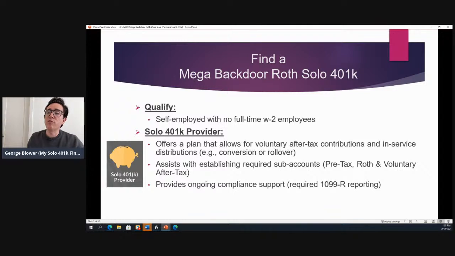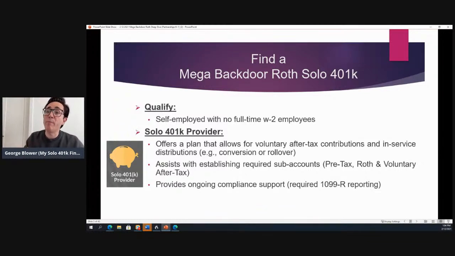So you also want to look for a provider that's going to assist with establishing the required sub-accounts. So you've got the pre-tax accounts, the Roth accounts, the voluntary after-tax accounts, and then providing the ongoing compliance support. Because the foundation of being able to make a Mega Backdoor Roth contribution is you are taking advantage of the higher contribution limits that apply to voluntary after-tax contributions.